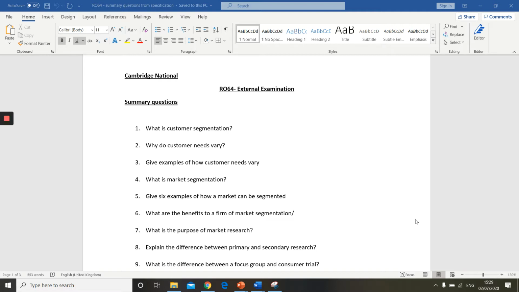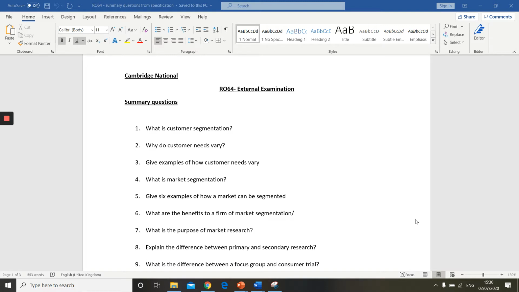Think about people who live in different places, so people who live on the coast compared to people who live in the country. Write down 2 or 3 points now for why you think different customers have different needs and why these needs vary. Pause the video and then restart when you've got your answer.